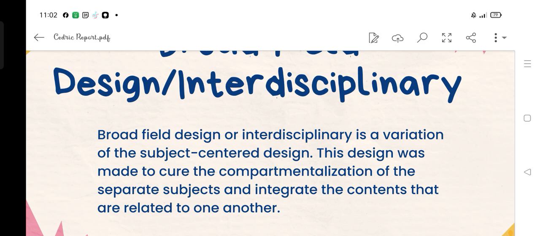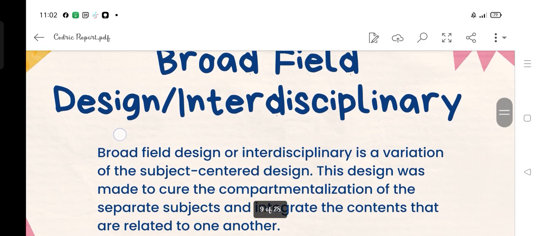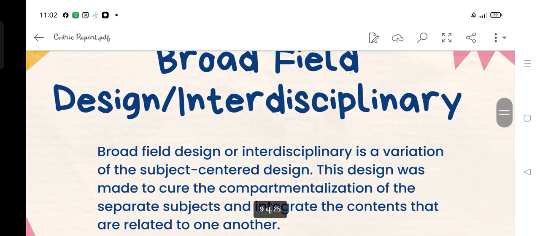So this type of design, the interdisciplinary design, is similar to thematic design, where a specific theme is identified and all other subject areas revolve around that theme. So, kumbaga, different subjects are compressed into one.